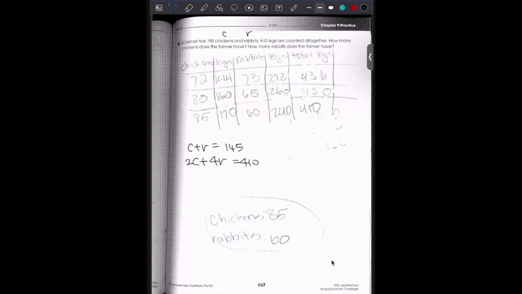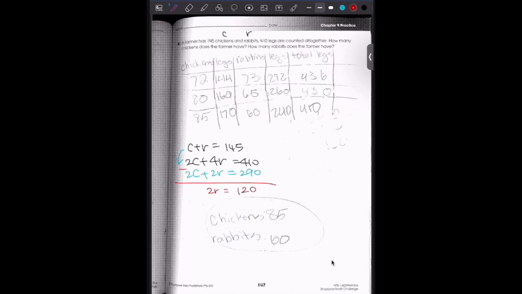And so now we're going to try to eliminate one variable. So we're going to manipulate the first equation to get 2C plus 2R equals 145 times 2, which is 290. So I want to eliminate the variable C. So we're going to get 2R equals 120.